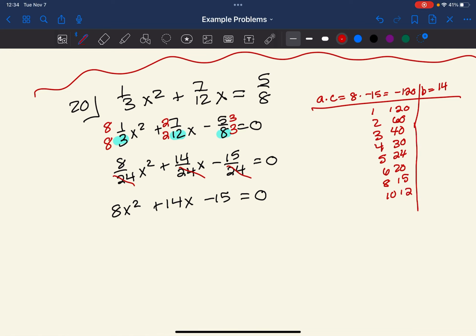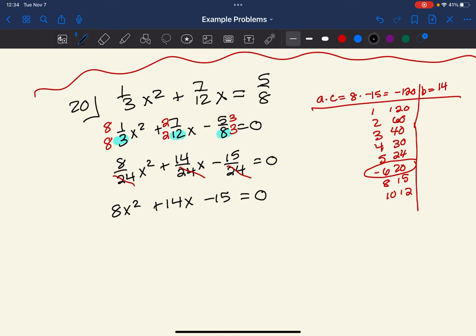And of course, all these combinations can be manipulated with negatives and so on and so forth. So out of all of these multiples of 120, it looks like the closest we could get here is this 6 and 20. But one of them would have to be negative in order for us to get a negative 120. So that negative would be the 6. So negative 6 plus 20 is positive 14. Multiplied together, we get negative 120.